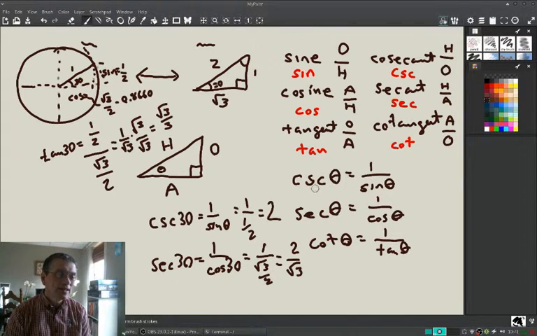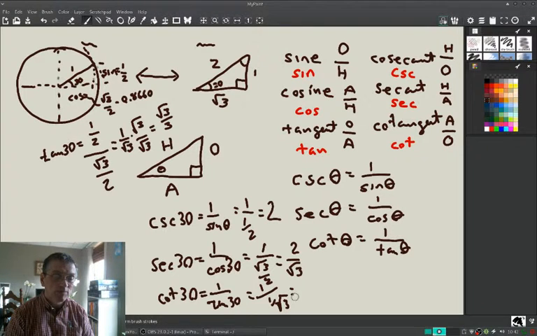So basically, think of cotangent as 1 over tangent of 30, which we said was 1 over square root of 3. So this is 1 over 1 over square root of 3, which just ends up being square root of 3.